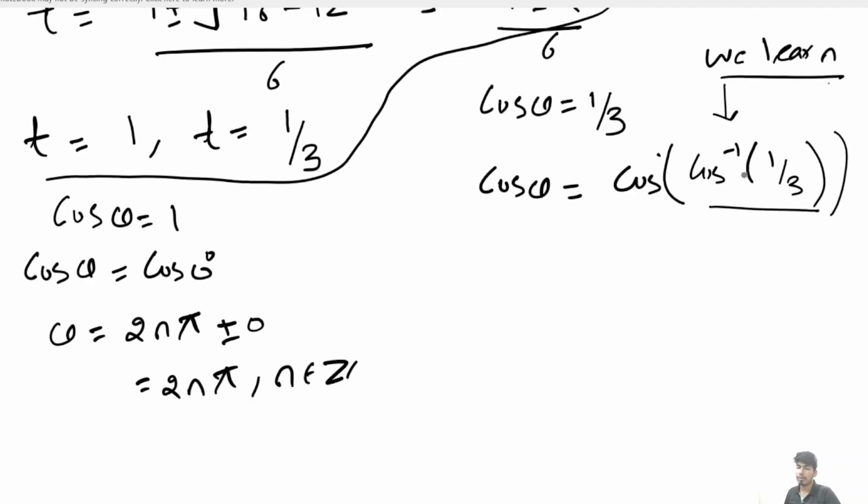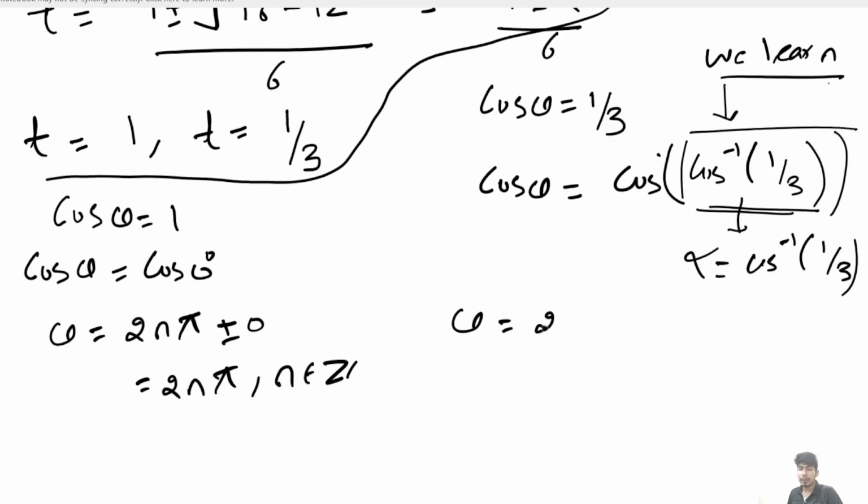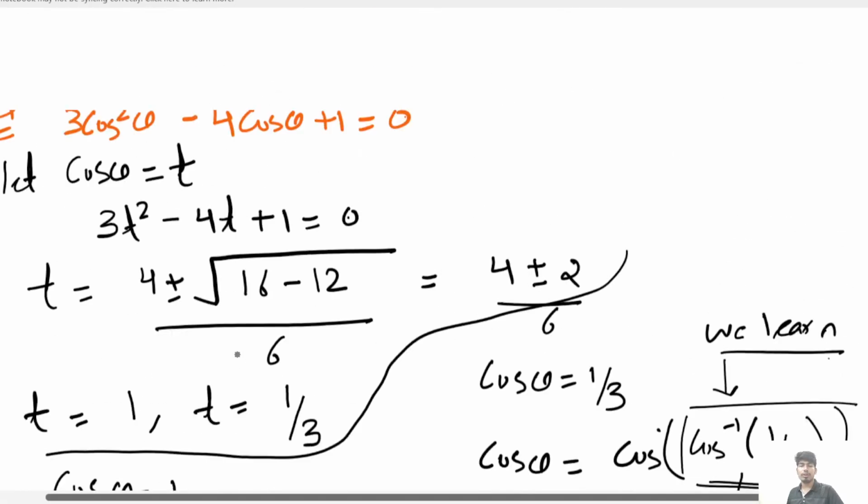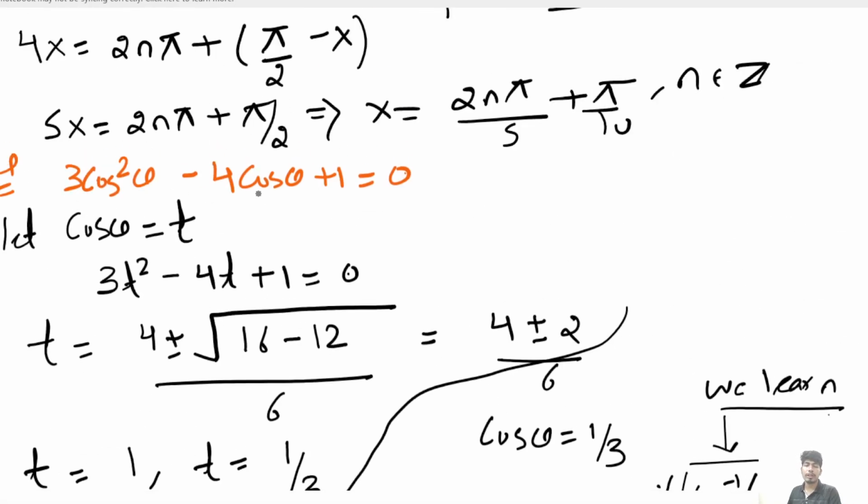For now, you only see what cos inverse is. Then alpha is cos inverse 1 upon 3. Then theta is 2n pi plus minus alpha, where alpha is this and n belongs to integer. Okay, students, so these are the solutions of this equation, 3 cos square theta minus 4 cos theta plus 1 equal to 0.